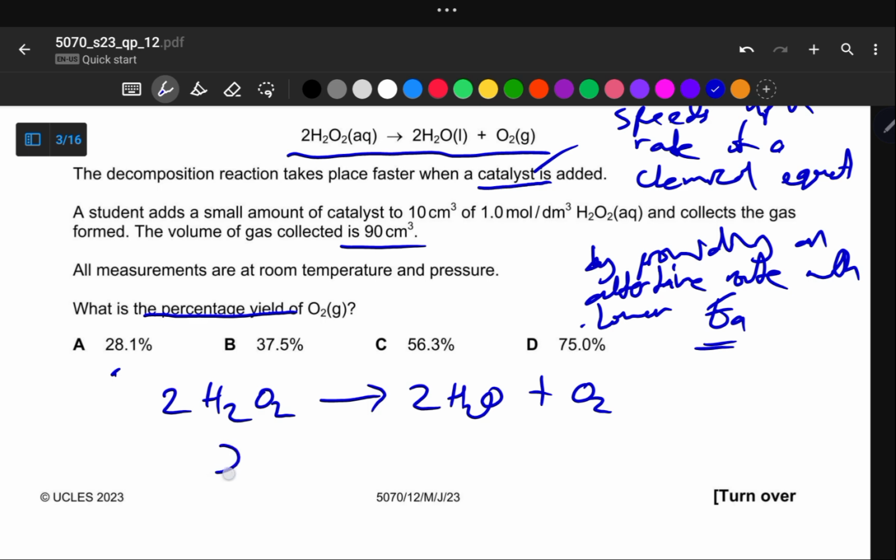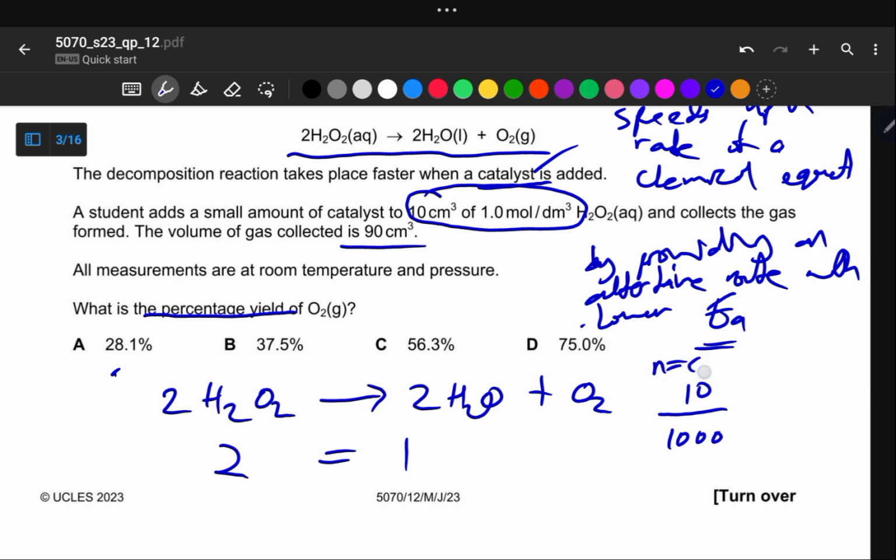So 2 moles of hydrogen peroxide will give 1 mole of oxygen. We want to calculate the number of moles that reacted here. So we've got 10 over 1000 cubic decimeters.